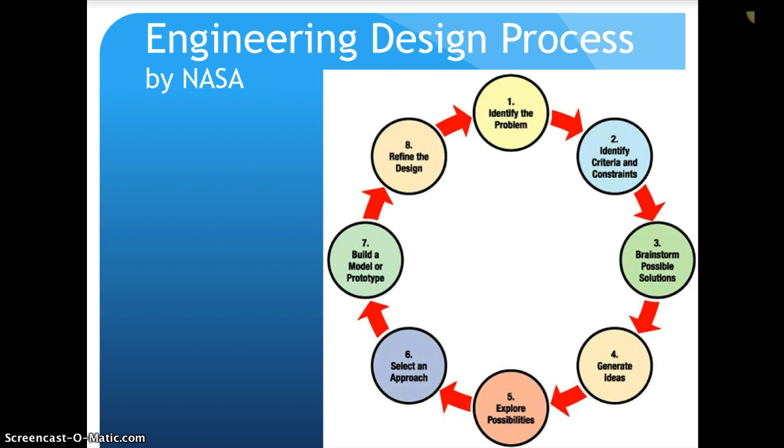And then refining their design. I feel like 7 and 8 are the key points for the engineering design process: having the students build something initially and then testing it. I feel like that arrow should be labeled test. And then having the opportunity to go back and refine their design.